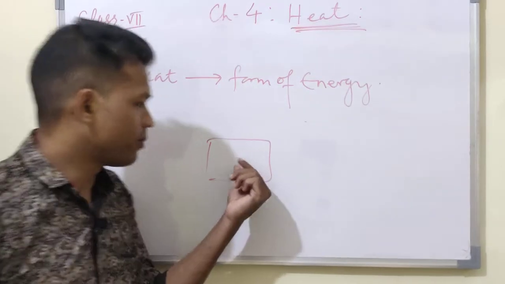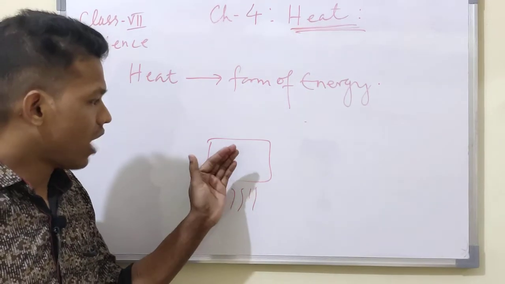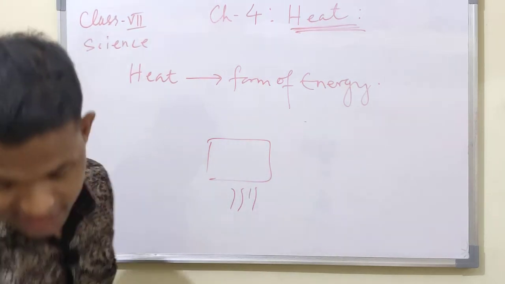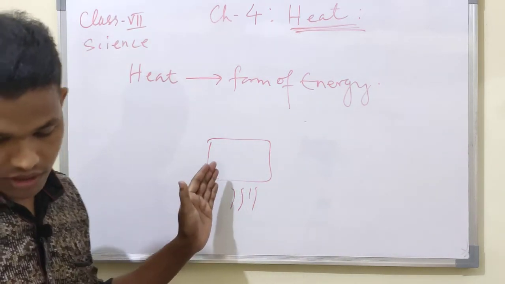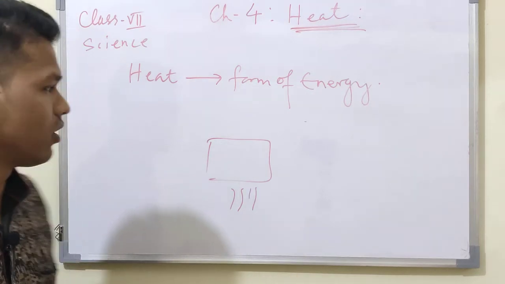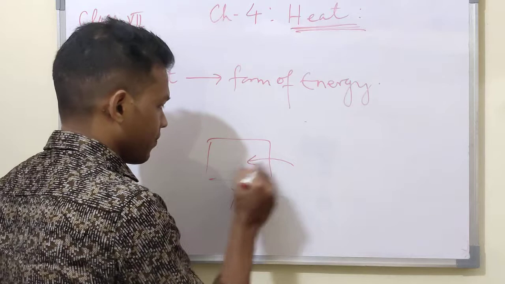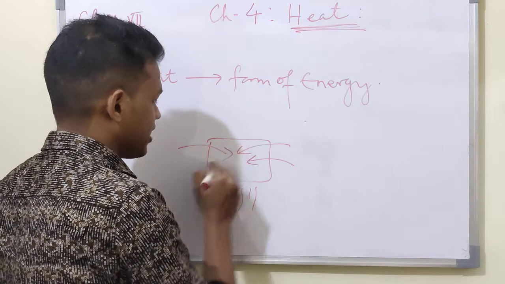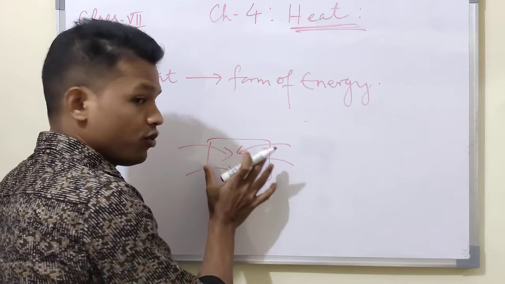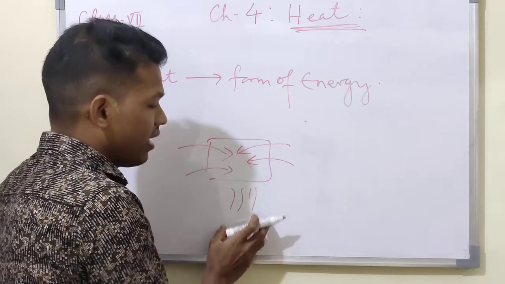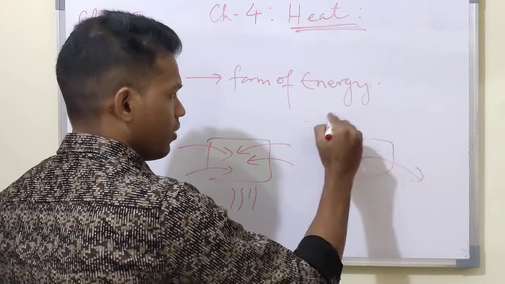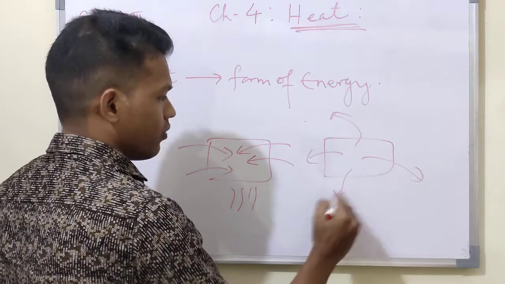When you heat the body, it gains, and after some time it loses when it is cooled. The body is said to have gained when it is heated, and it is said to have lost when it is cooled.